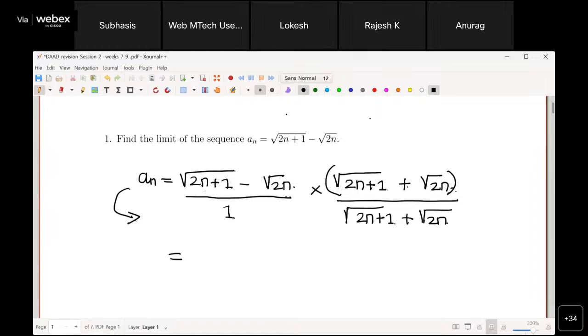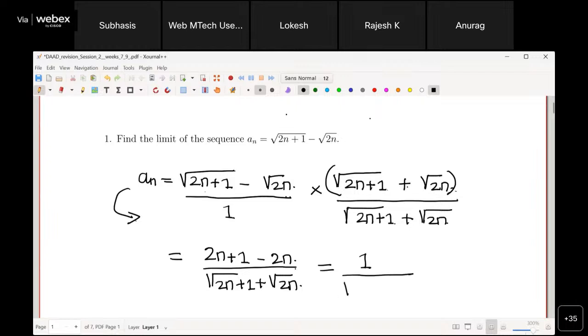Once I multiply this, in the numerator I will get 2n plus 1 minus 2n, divided by square root of 2n plus 1 plus square root of 2n. So in the end, I am getting 1 by square root of 2n plus 1 plus square root of 2n.